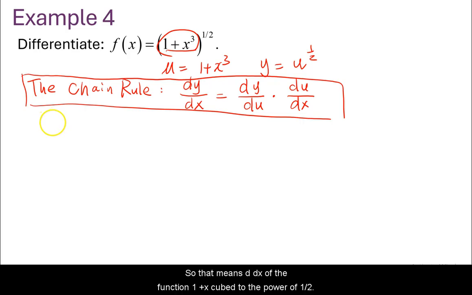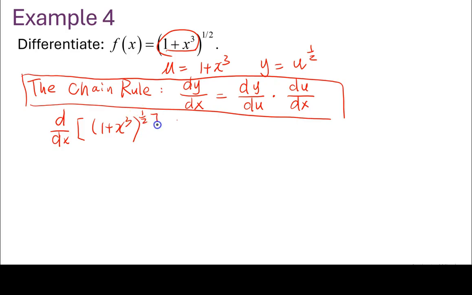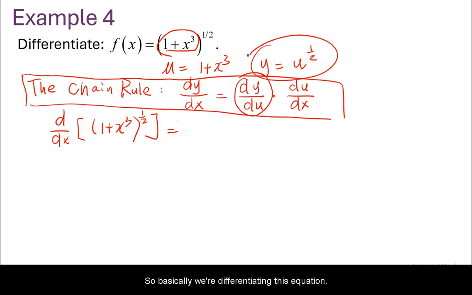We'll use the chain rule to differentiate this function. So that means d/dx of the function 1 plus x cubed to the power of 1/2. So the derivative of this is, first, we will differentiate the function y with respect to u, right? So basically, we're differentiating this equation.